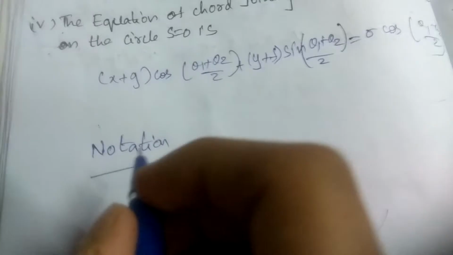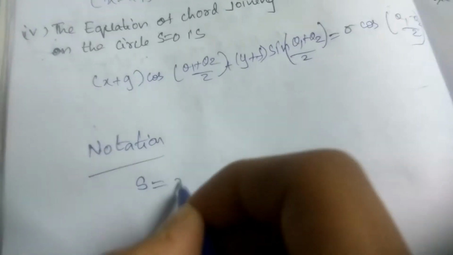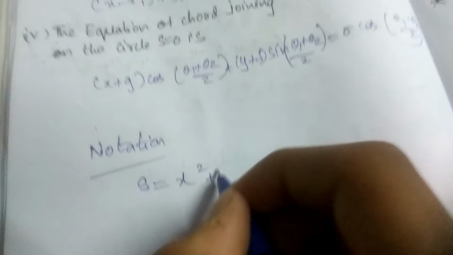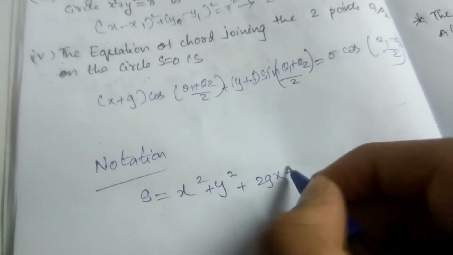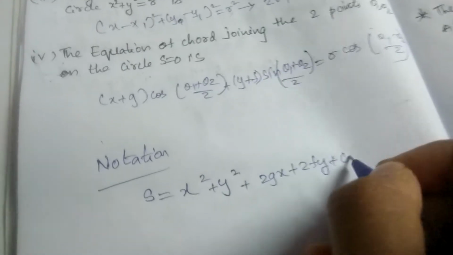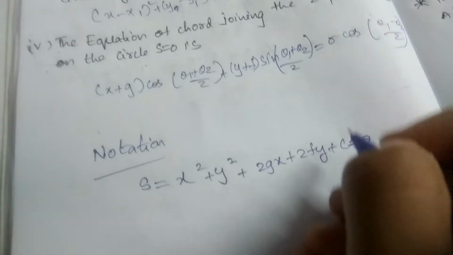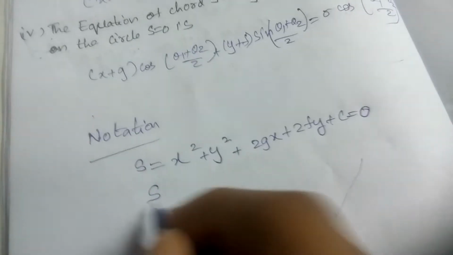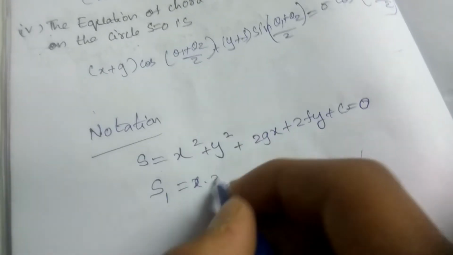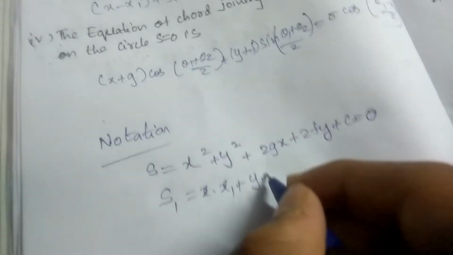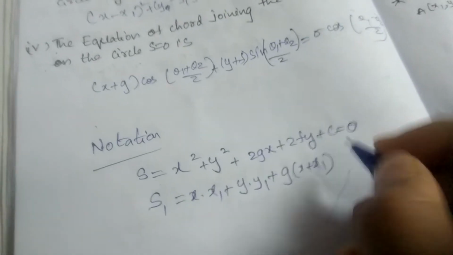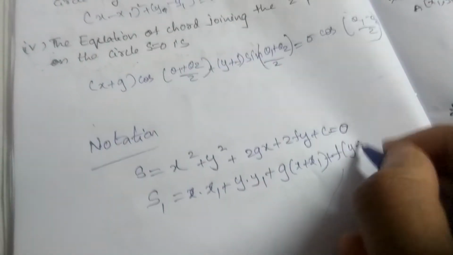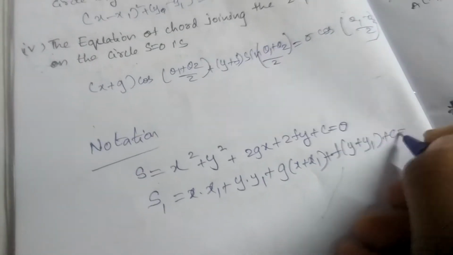If we come to the notation, the normal equation of a circle is x squared plus y squared plus 2gx plus 2fy plus c equal to 0. But if we come to S1, that gives us x x1 plus y y1 plus g(x + x1) plus f(y + y1) plus c equal to 0.